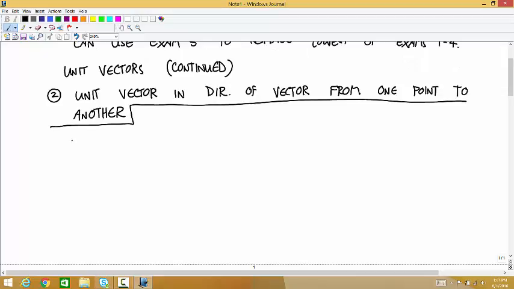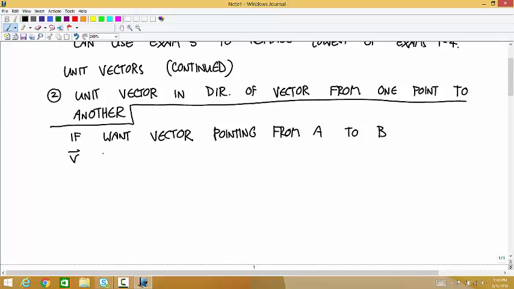So if you want a vector pointing from the point A to the point B, define a vector v.